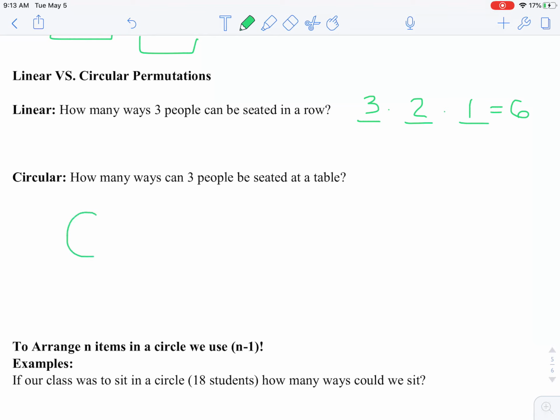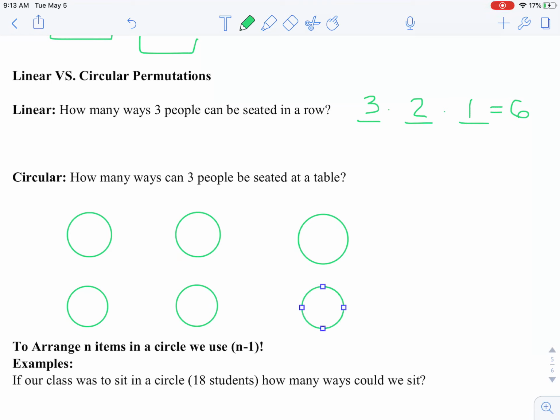But now that problem changes if I'm going to sit people at a table. Okay, so let's get started here. We're just going to draw circles. Okay, and there's going to be 6 of them, right? Because you're going to think about the orders that we had before. So the first example, we'll put person 1 at the top seat, 2 and 3.